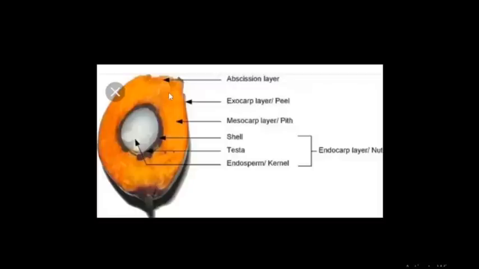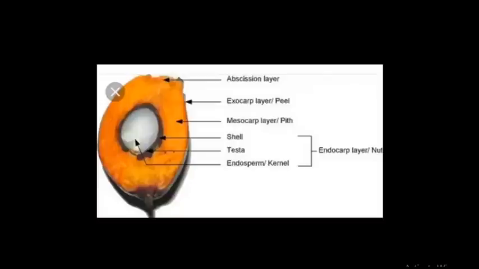That's the part that actually produces the oil. And then we have this part here called the shell. This shell separates the mesocarp, or the oily part, from the kernel inside the nut. And then we have the testa as well as the kernel that is inside the fruit itself. So that is what the diagram of this particular specimen looks like.